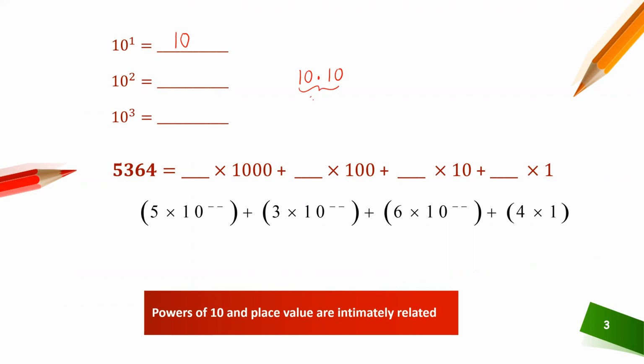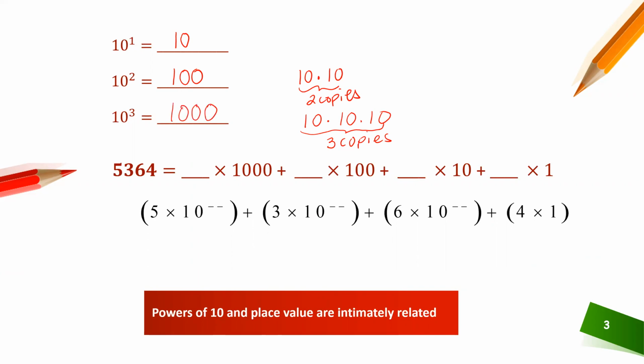You have 2 copies, and 10 multiplied to 10 is 100. Similarly, 10 to the 3rd power would be 10 multiplied to 10, multiplied to 10 again. We have 3 copies of 10, and that will make 1,000.